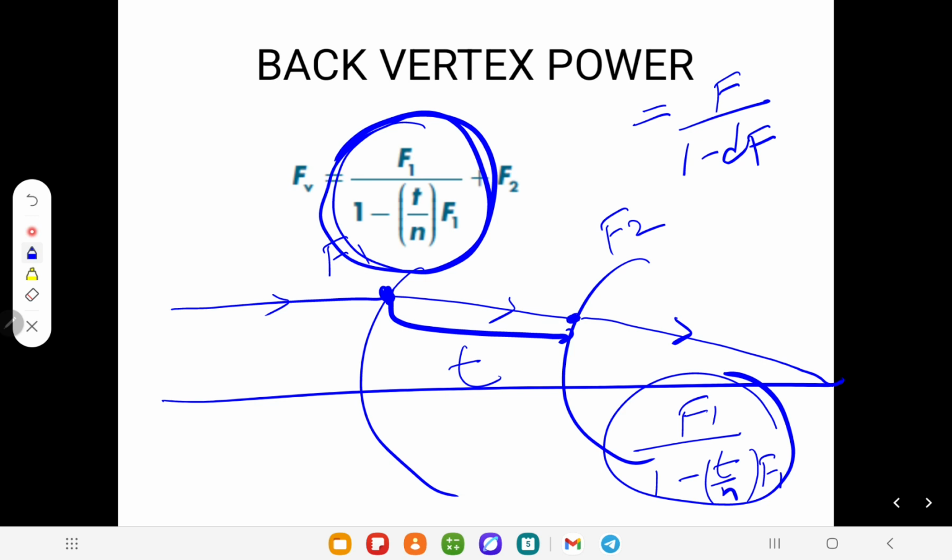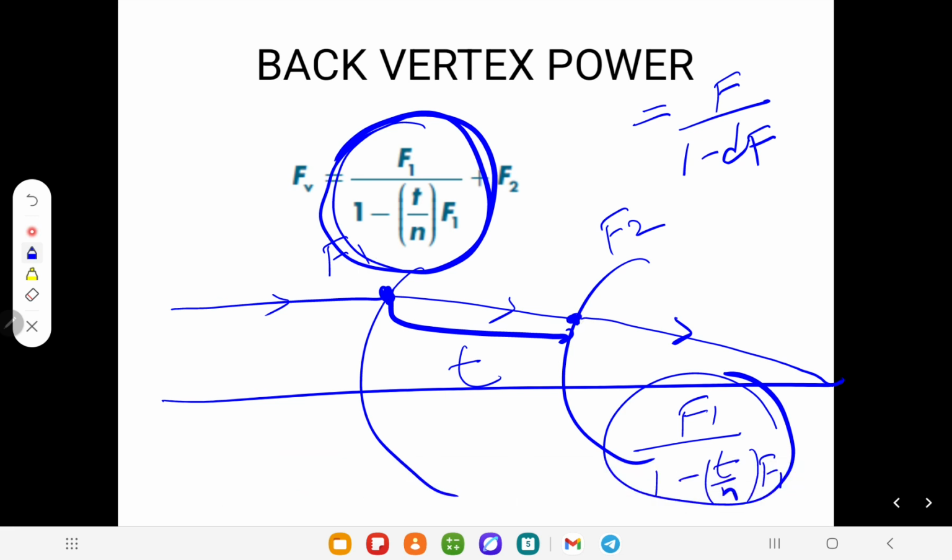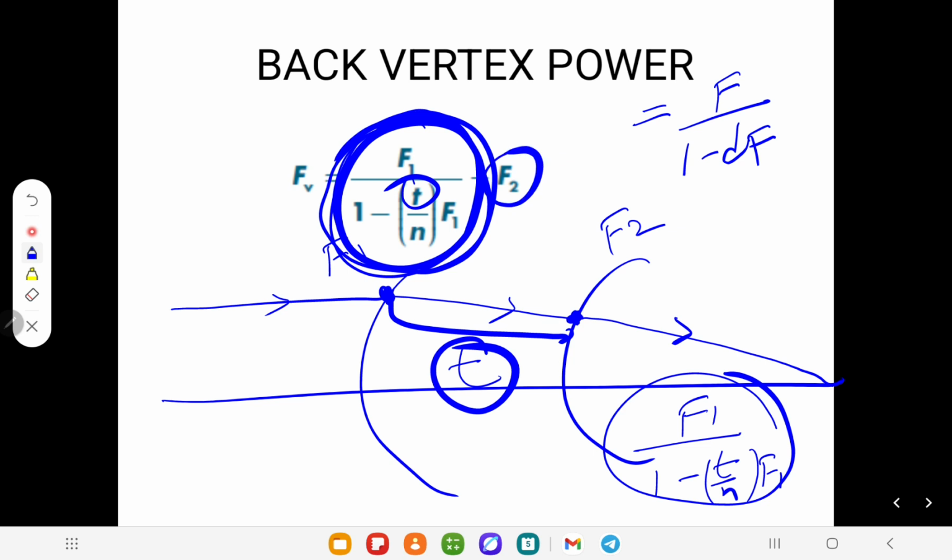What is the vergence of that F1 surface when light reaches F2? That means the downstream vergence of F1 surface, up to traveling this t distance. Obviously, t by n is the reduced thickness, yes. And we add F2. Isn't it simple?